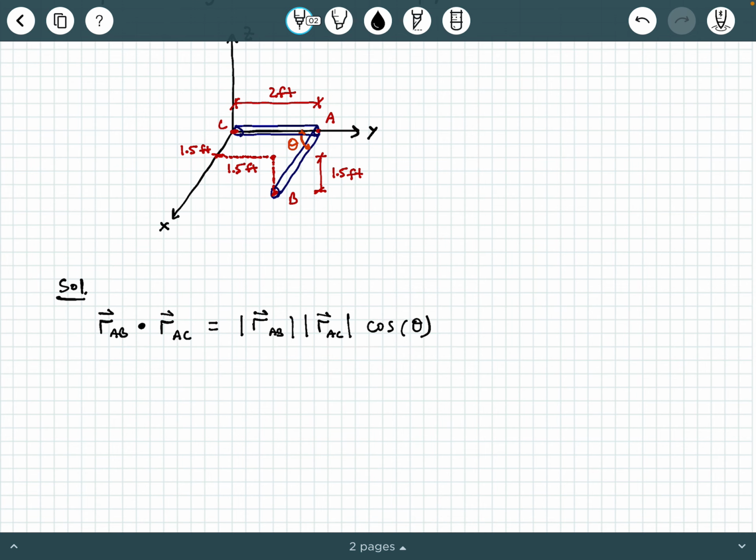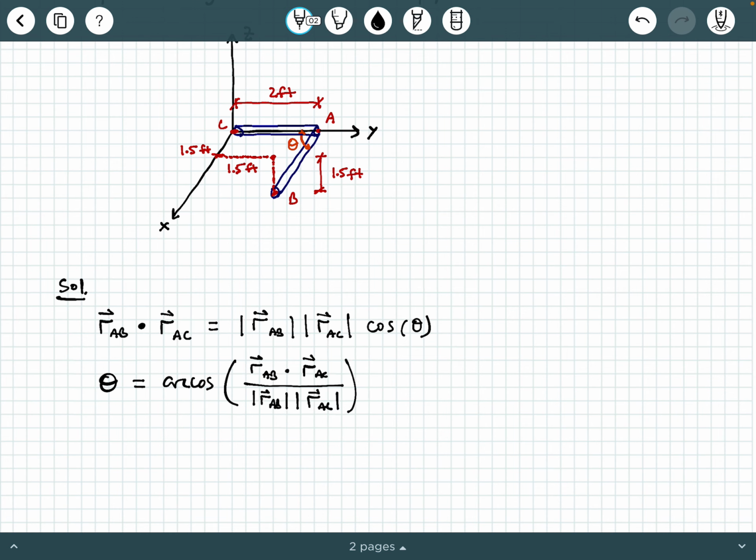So what we do from here is we can rearrange this, and we can say that theta is going to be the arc cosine of this rearranged. So that'll be RAB dotted with RAC divided by the magnitude of RAB times the magnitude of RAC, okay?